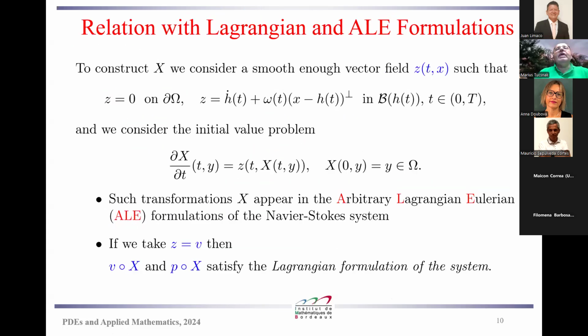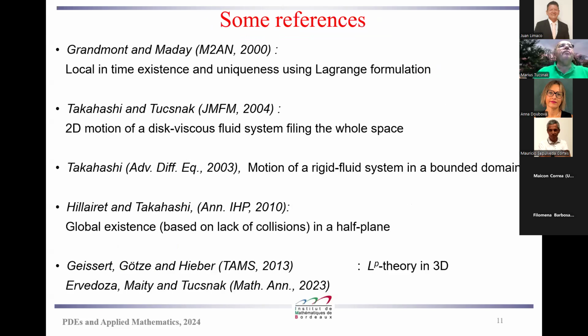So once again, capital X, the change of variable, can be defined by the flow lines, but more convenient choices are generally made, both for numerics in arbitrary Lagrangian Eulerian and for analysis of these problems, which is one of our subjects.